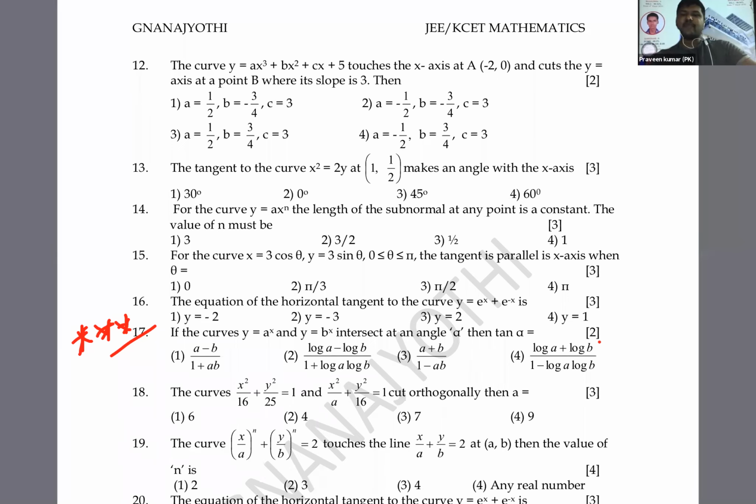How to find tan alpha? Manisha, switch off your camera. Taking log on both sides, we can find m1 and m2. y is equal to a power x, y is equal to b power x.